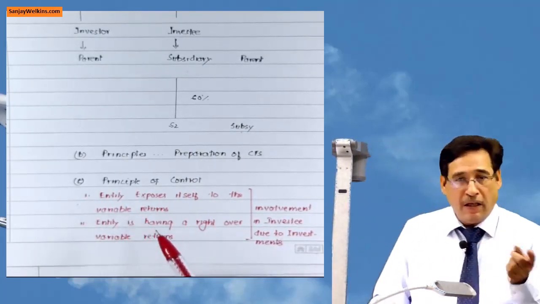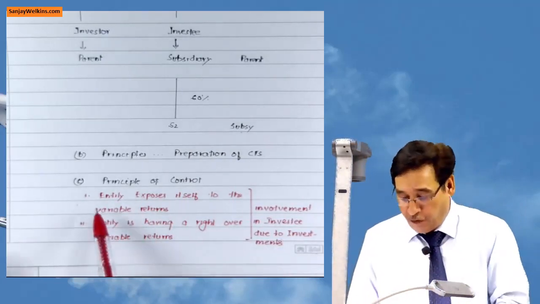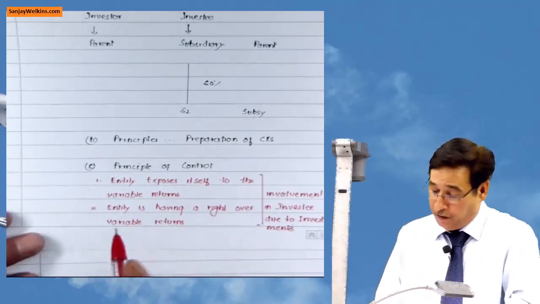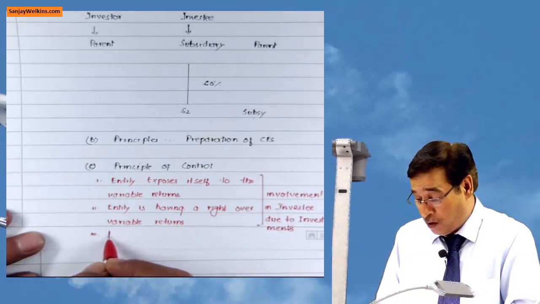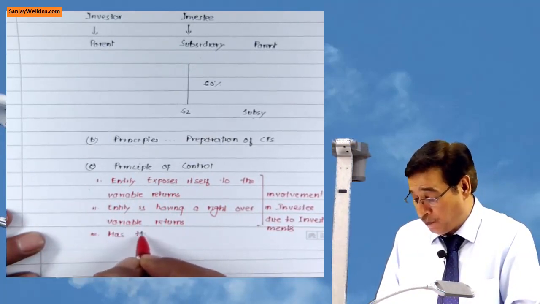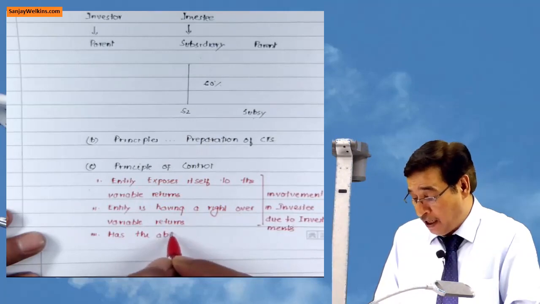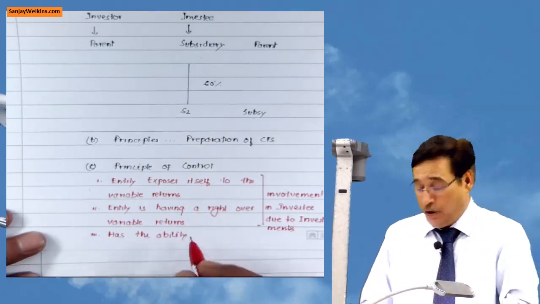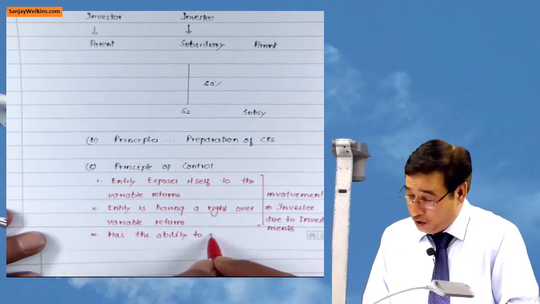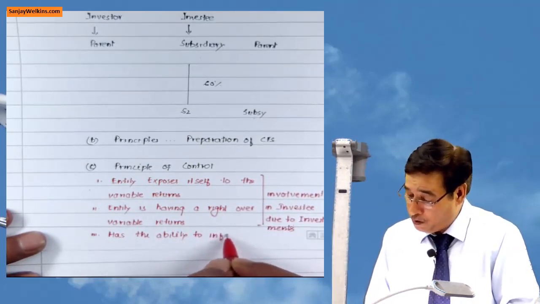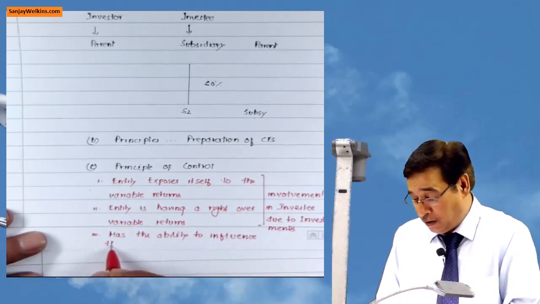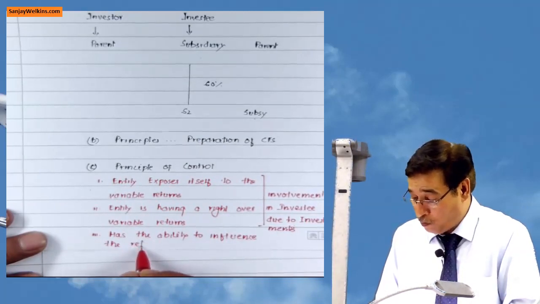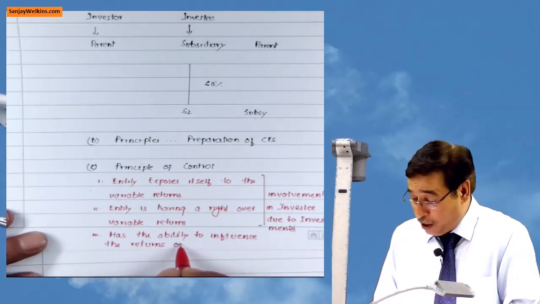Principles of control. An entity is said to be in control of the other entity when: one, two, and third, the entity has the ability to influence the returns on account of power.